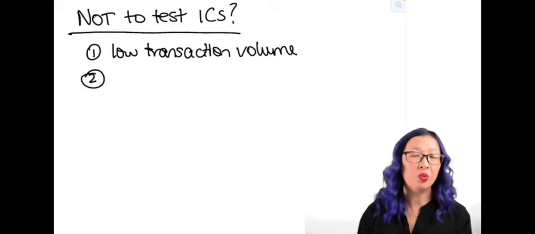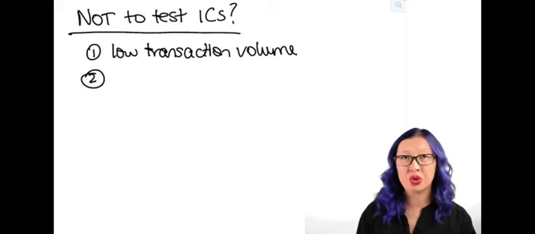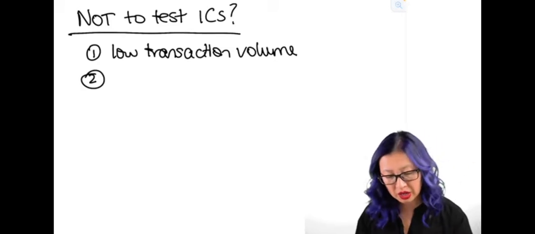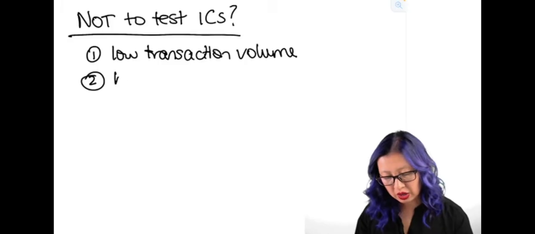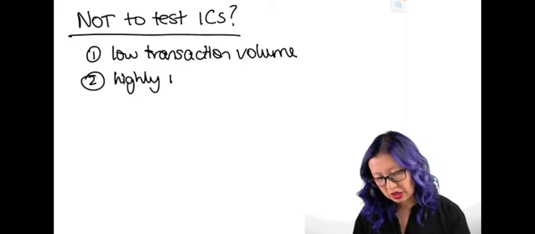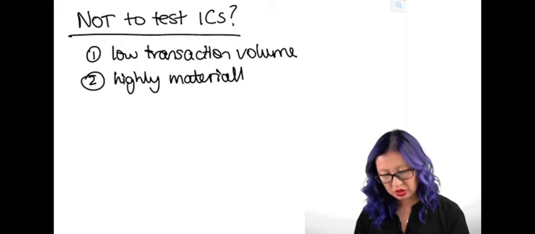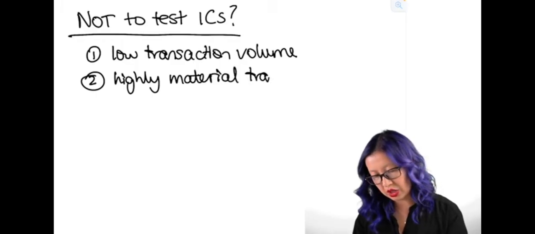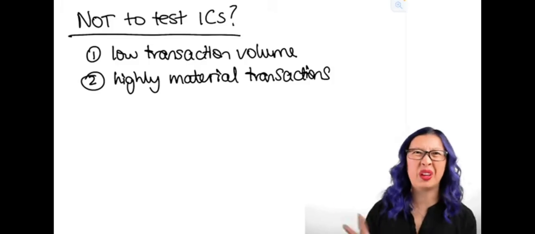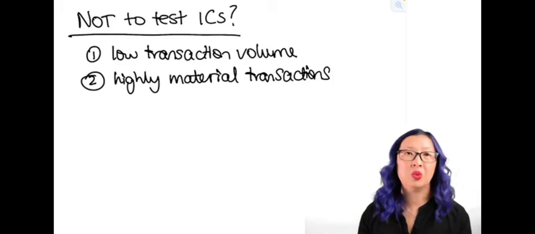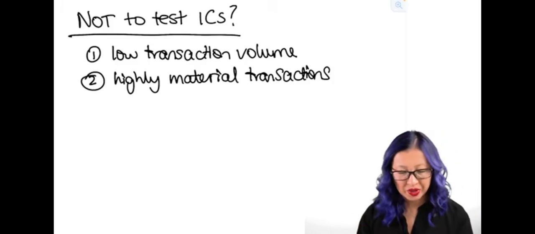The other option where I might throw out testing internal controls and just test substantively is where there are highly material transactions. All right, so again, typically where there's low volume, but they're very big, again, you want to test just substantively.